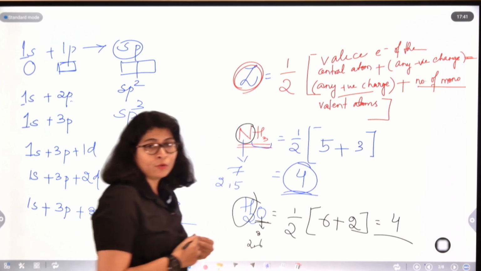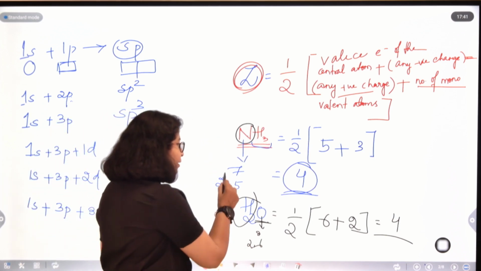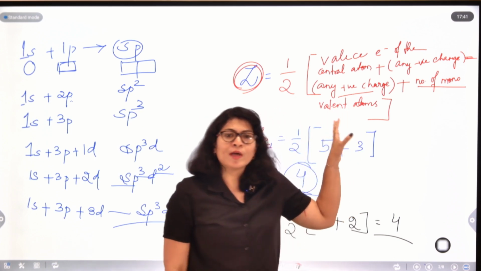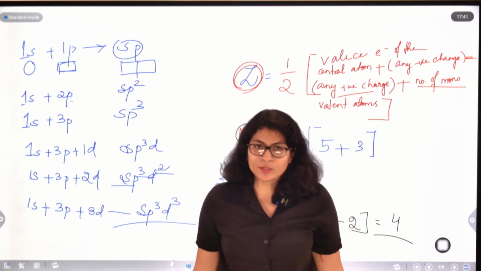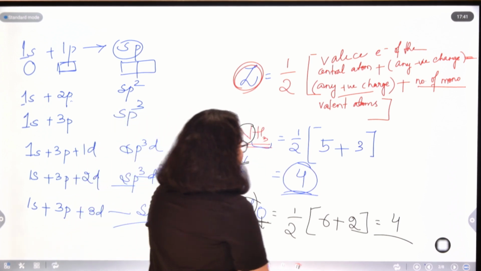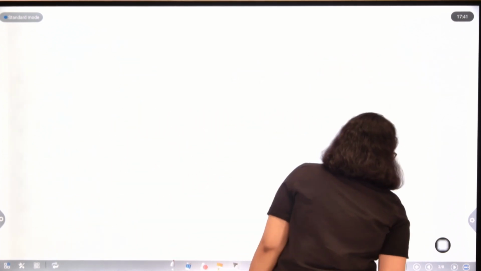I think now you might have learned how to find the value of Z from this formula. So using this formula, you can find out the value of Z of any given molecule or ion, right? Now, after finding out the value of Z, what will you do?